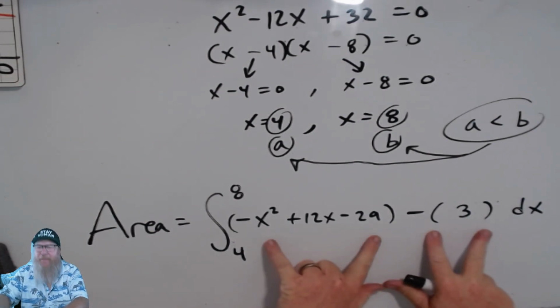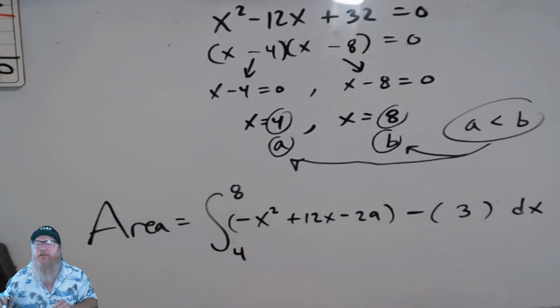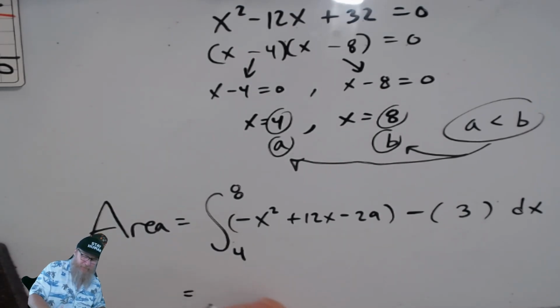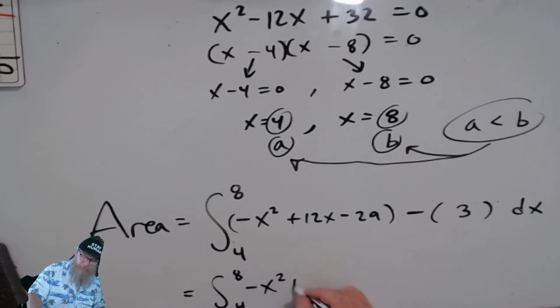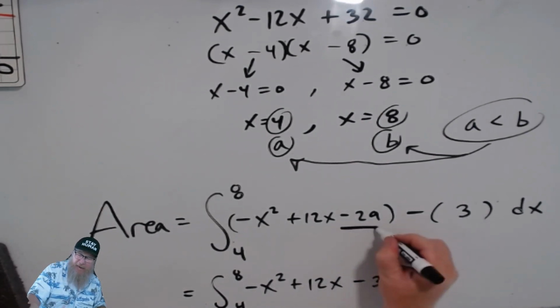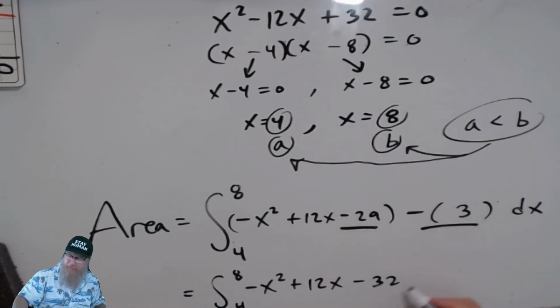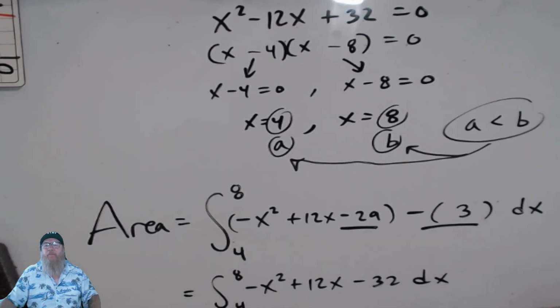I'm using parentheses as an extra measure of security, but I don't really need them. I'm going to remove them now, combining the negative 29 and the negative 3. And now I'm ready for calculus.